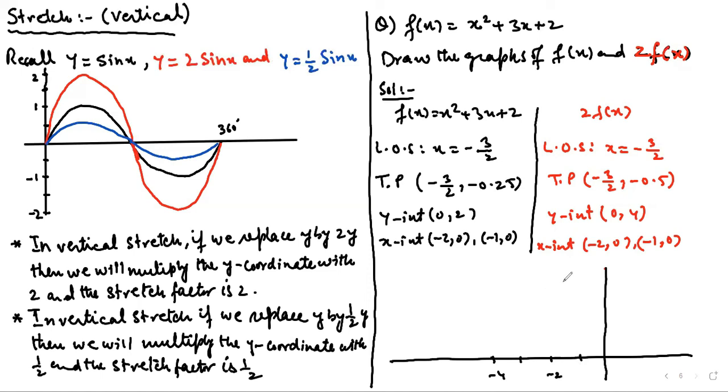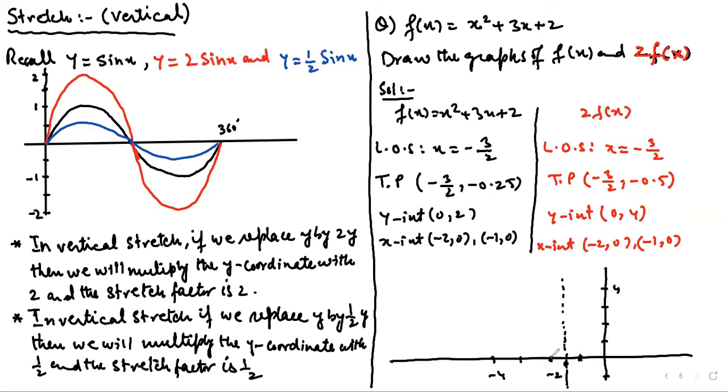For the black curve, the line of symmetry is x is equal to minus 1.5. This one is the turning point.